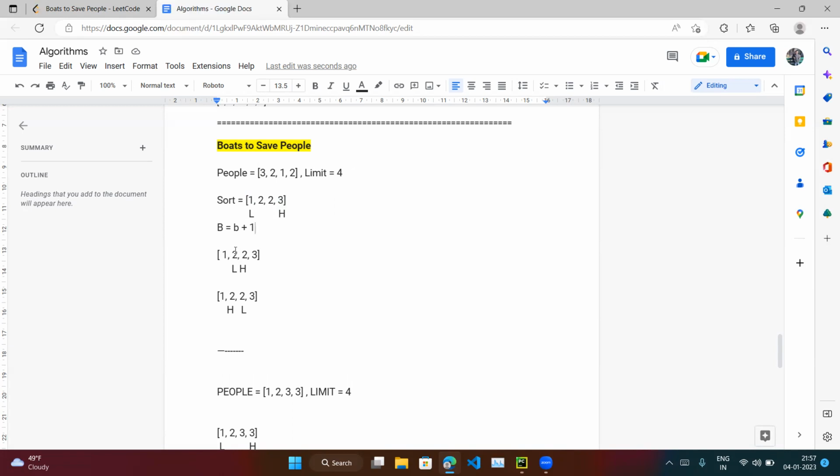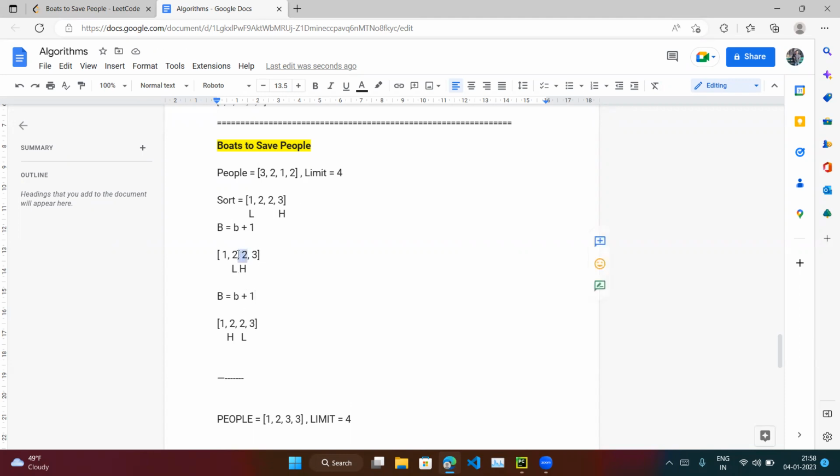The left pointer comes to the 2 position and the right pointer decreases, because 1 and 3 are already done. Then we again check 2 plus 2 is equal to 4. We check the weight of the left pointer and the weight of the right pointer. 4 is less than or equal to 4, that is perfectly okay. Then again boat is equal to boat plus 1. So 2 boats done, and we increase the pointers.